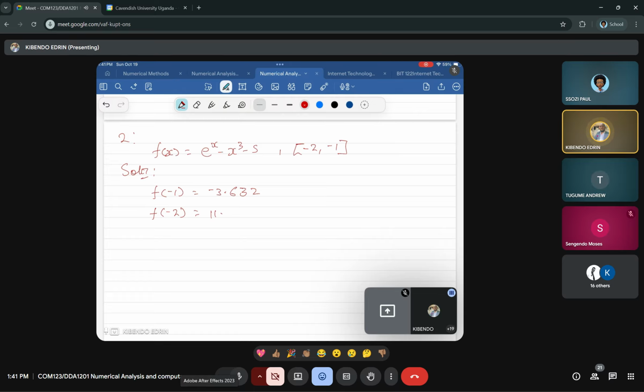Okay, let's all redo and then give me the final. Tugume, what's the answer again? Okay, for me, I got 3.1353 for f of -2. Same here.